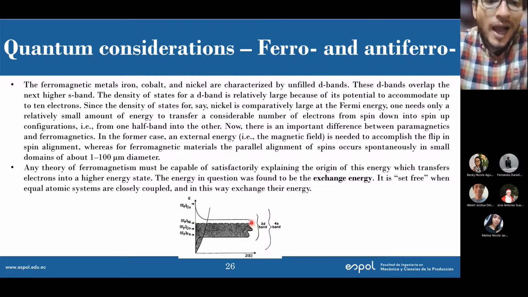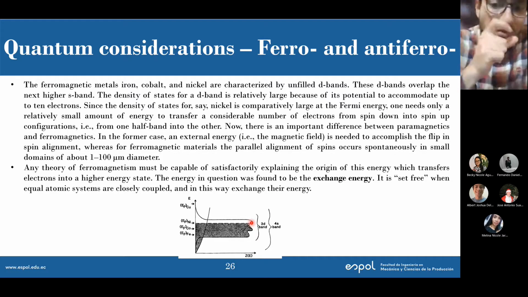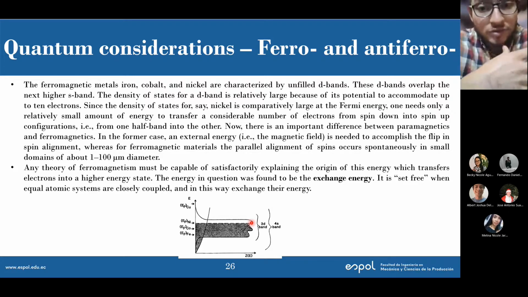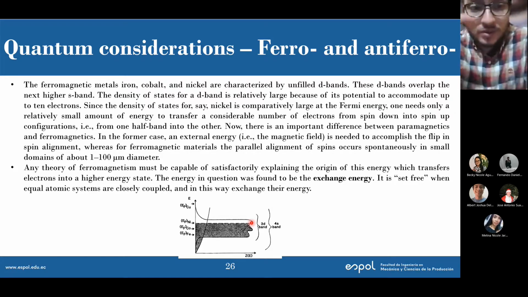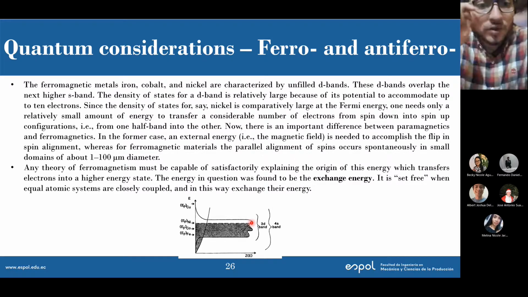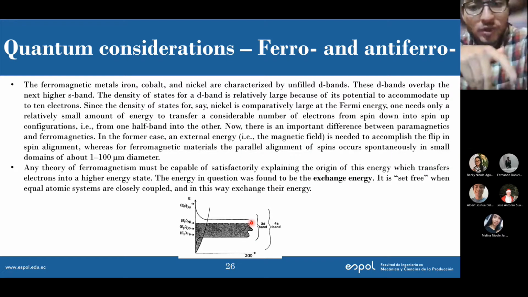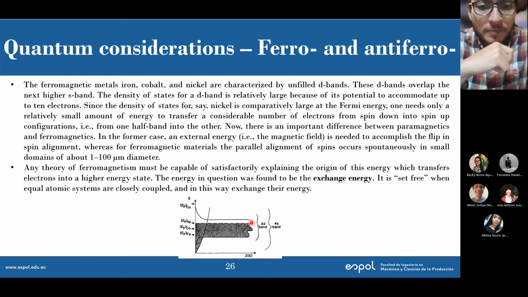So because you have a very large value of density of states, you only need a very small amount of energy to transfer a high number of electrons from one spin to the other. So from one direction of spins to the other, from one half to the other. Because you already have a significant density of states.